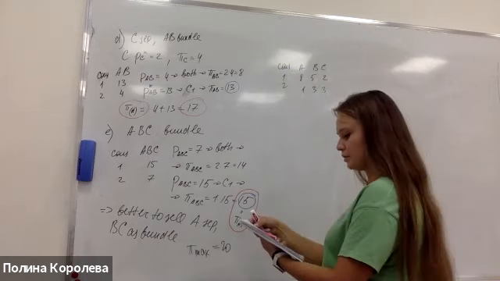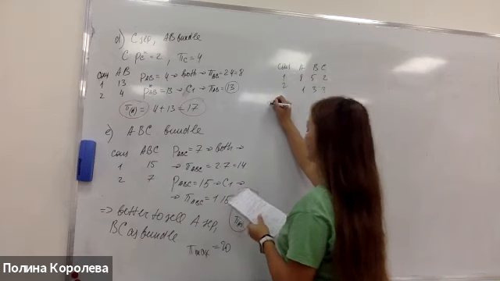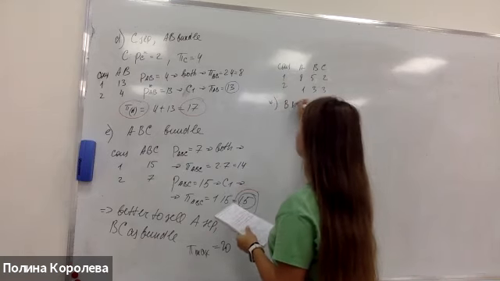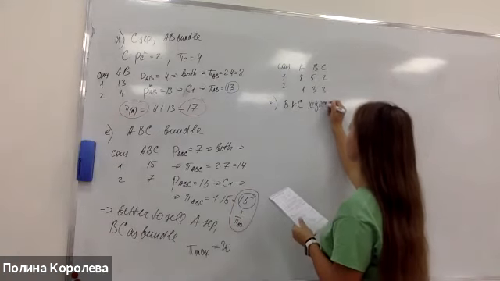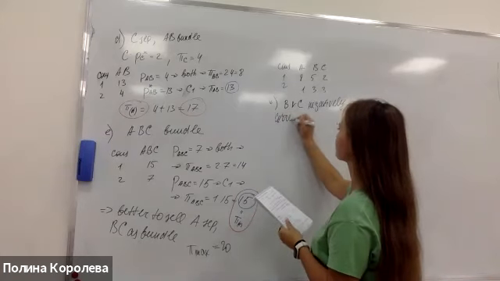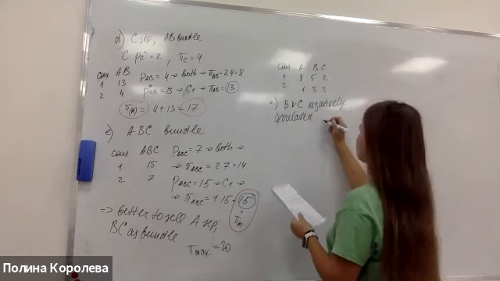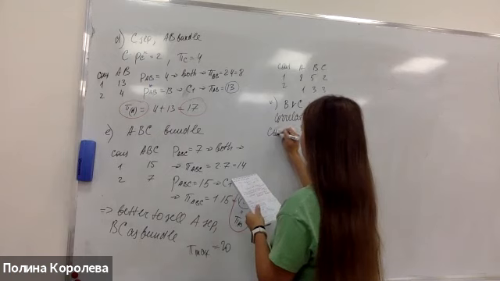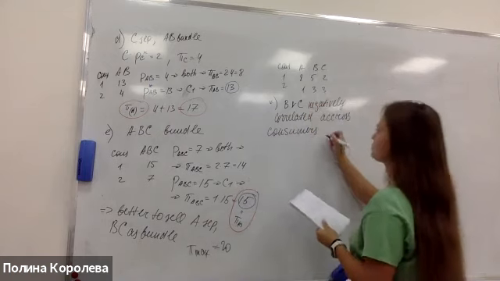Let's write down these conclusions. First conclusion. Good B and C, they are negatively correlated across consumers. But still not too much.